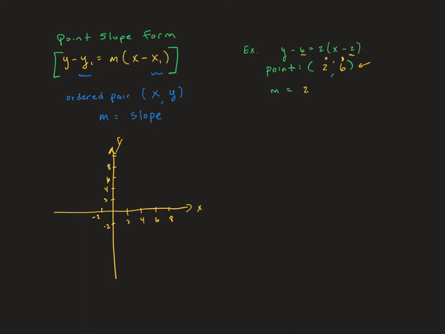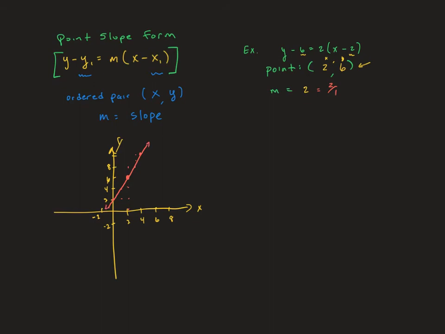I start at that point, (2, 6), and then my slope is equal to 2 over 1, rise over run. So I can go up 2 over 1, and I can go down 2, back 1, down 2, back 1. And then I have this line forming right there.